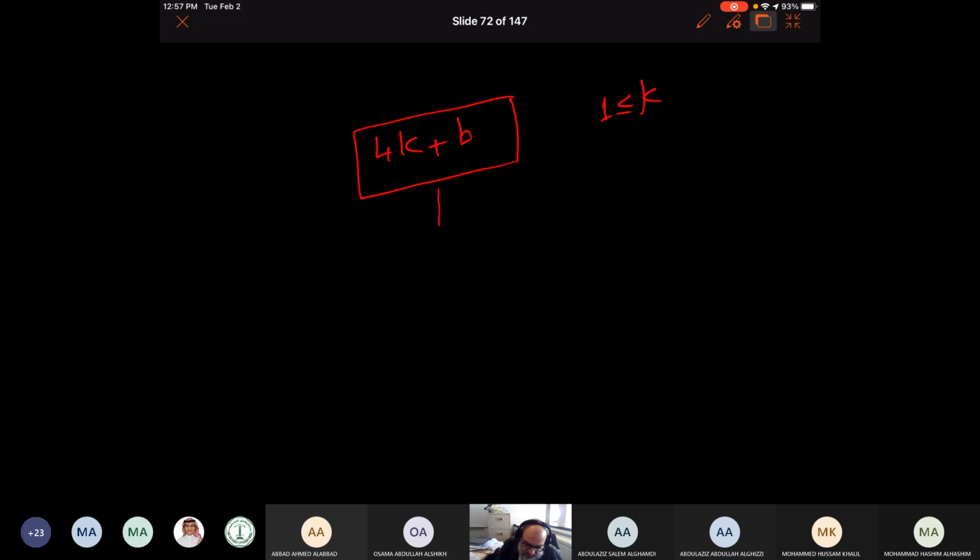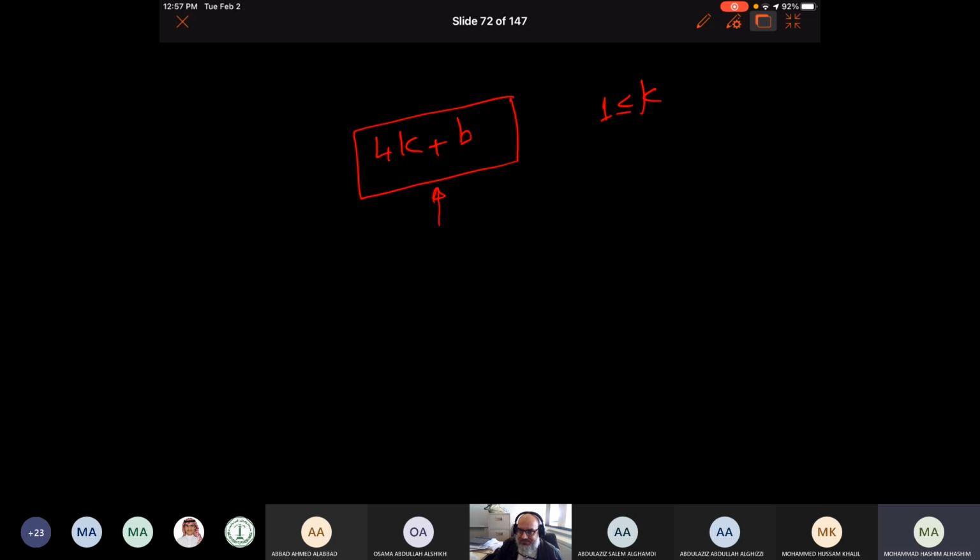How many different arithmetic progressions like this do we have? I think if k goes from 1 to infinity, it's infinity. It's much less than infinity. It's finite. Yes.